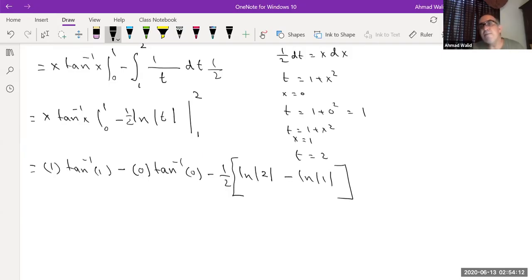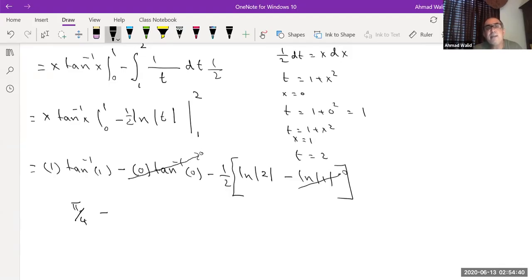Tan inverse of 1, which angle has tangent 1? Pi over 4. 0 times the inverse tangent of that angle doesn't matter. 0 times something becomes 0. It means this part becomes 0. Then pi over 4 minus ln of 1 is again 0.